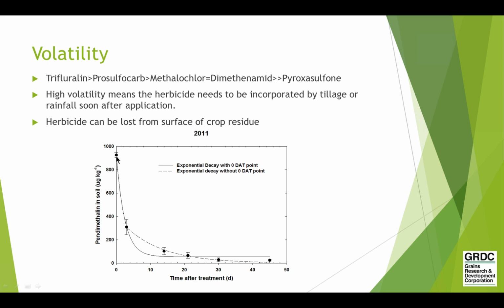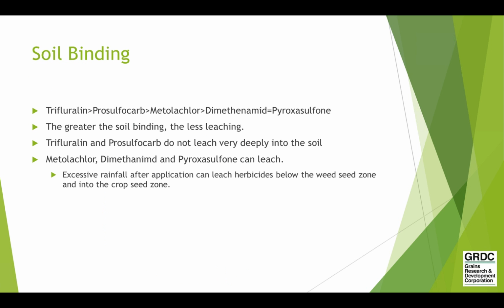And in this case, we didn't get the water on quite as rapidly as we would have, and it wasn't physically incorporated, so that by 3 days after application, you can see that about 60% of the herbicide had been lost, and this loss is due to volatility. And then after that, after it was incorporated, the loss was much slower. But this shows the necessity, particularly for trifluralin, to get it incorporated as rapidly as possible so that you don't lose it through this volatility.